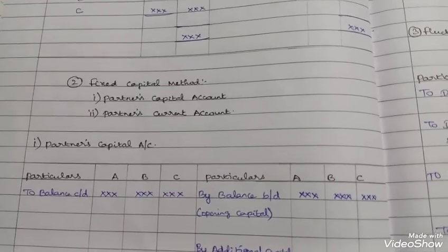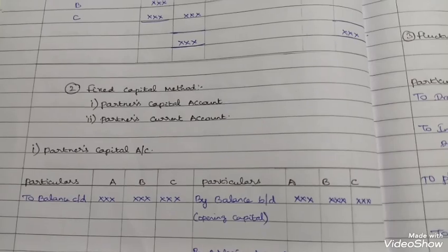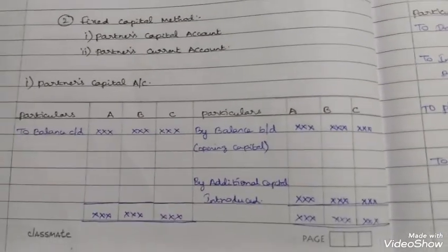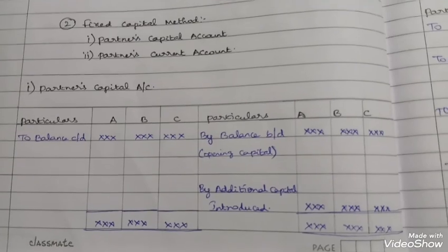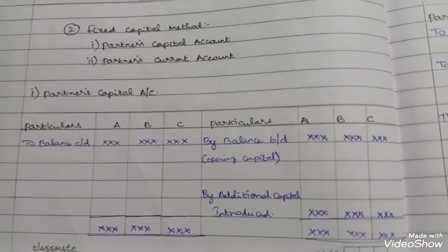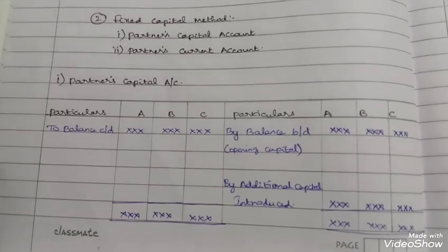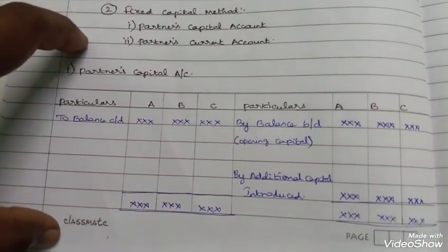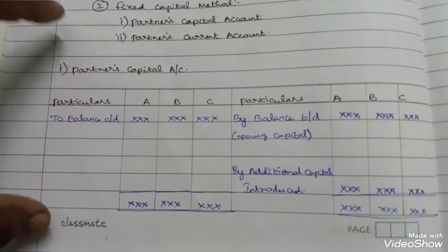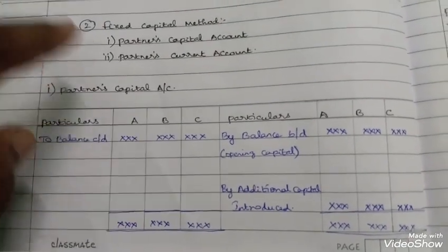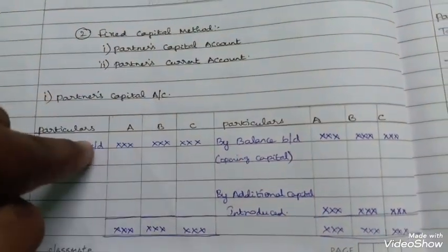One is the partner's capital account and the other one is the partner's current account. Since under fixed capital method we are maintaining a separate current account, in the partner's capital account you just need to show only the capital details of the partners and nothing else.